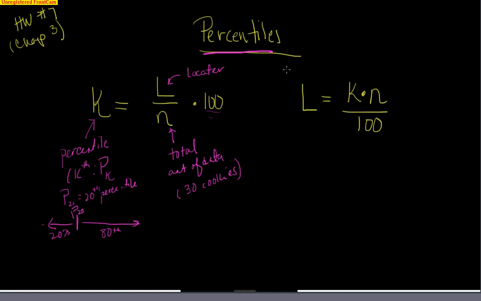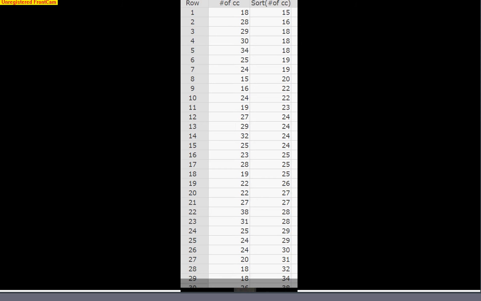And then over here, I just did some algebra. This formula just takes you over to this one, solving for a different variable. So if you know the percentile, you then want to find what that data point is. Okay, so we'll be using these formulas. All right, I'm going to close this out and come back to our data.